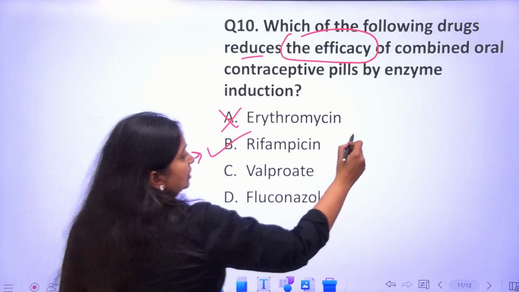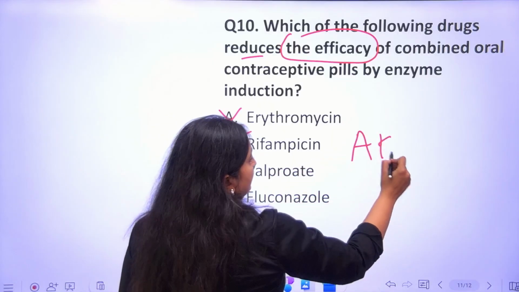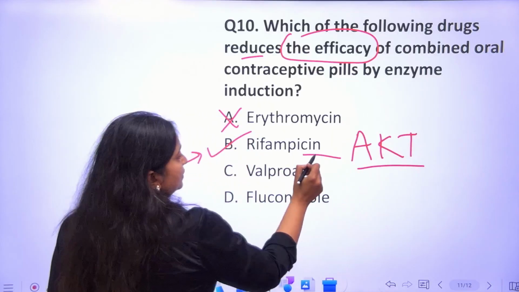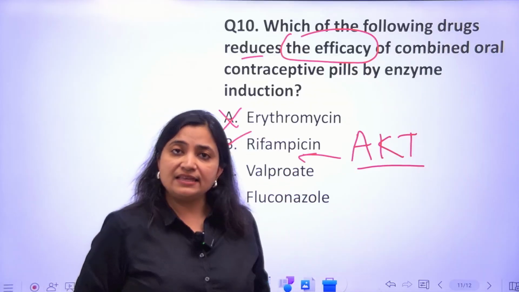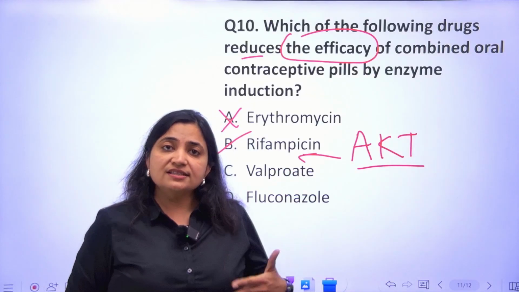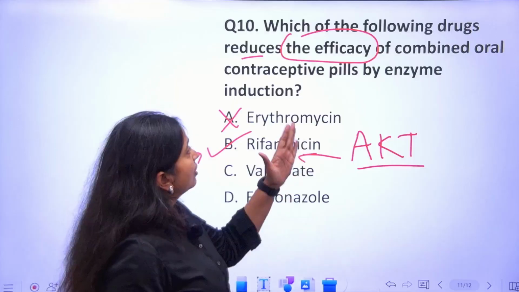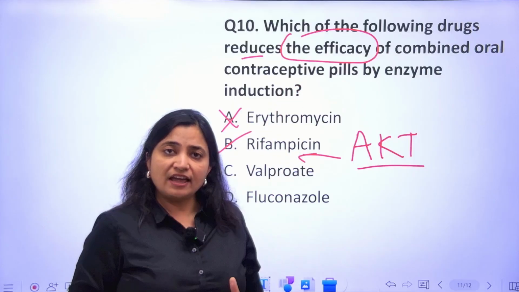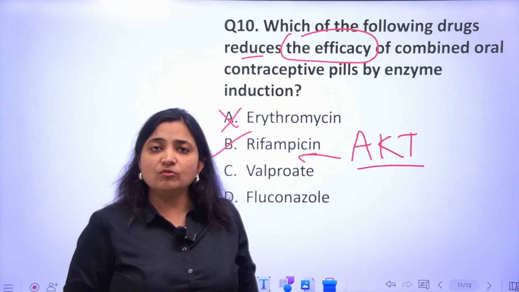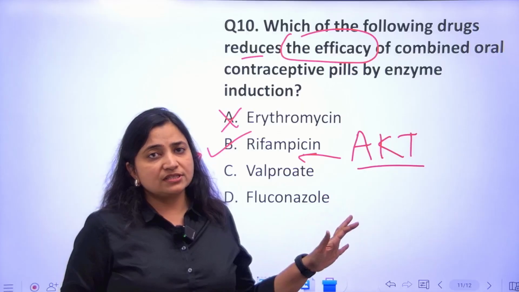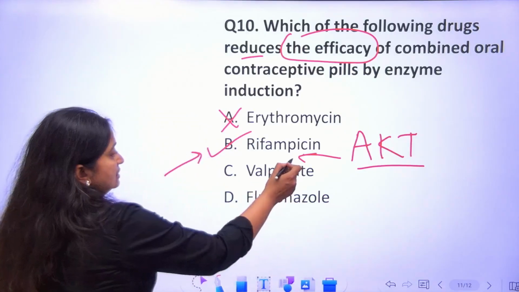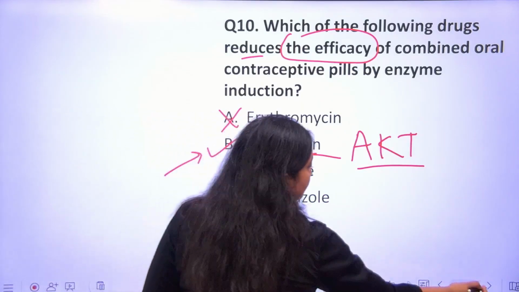So any patient who is on AKT having rifampicin, which induces the enzyme, increases the metabolic rate for OCPs and decreases the efficacy. We generally don't prescribe OCPs in a patient who is taking rifampicin. So your answer is rifampicin.